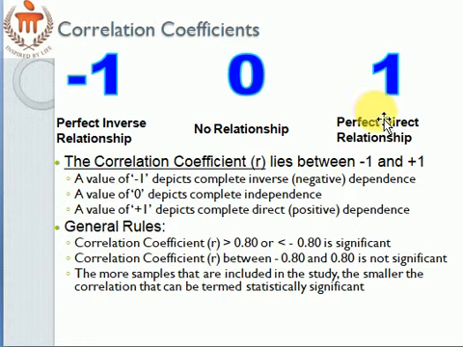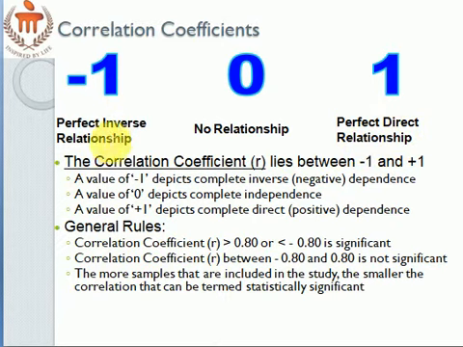That means if I increase the value of x, the value of y will also increase. And in the negative case, if the correlation coefficient is negative, that means if I increase the value of x, the value of y will decrease, obviously. And -1 and 1 are the extreme cases.